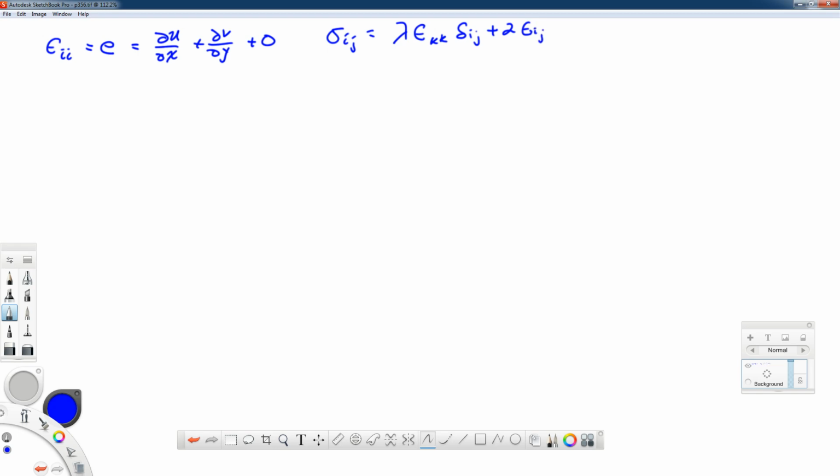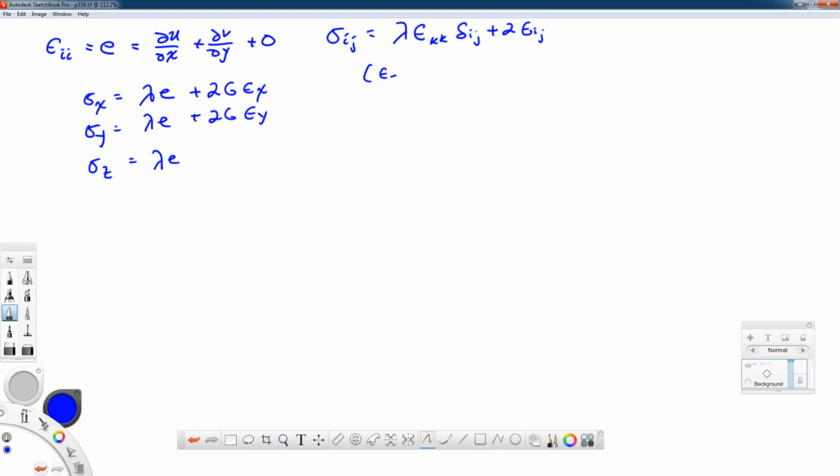Well, when we reduce this problem, we can write, for example, sigma x being equal to lambda e plus 2g epsilon x, sigma y being equal to lambda e plus 2g epsilon y, sigma z would be equal to lambda e, well, plus 0, since epsilon z is equal to 0.